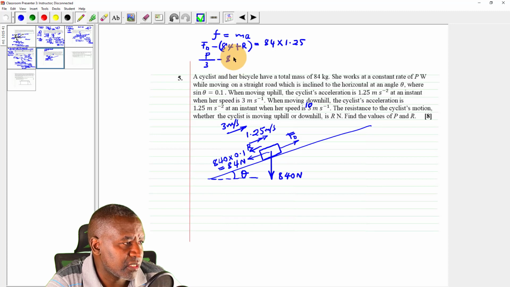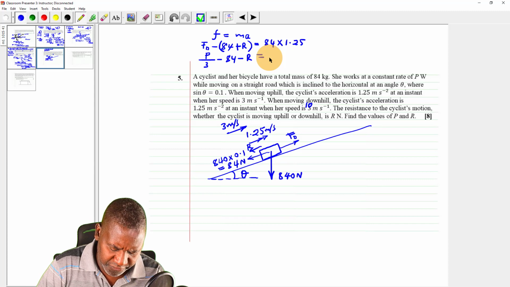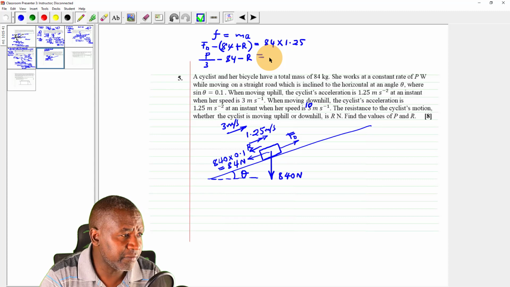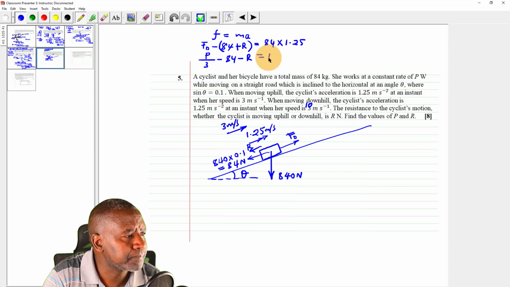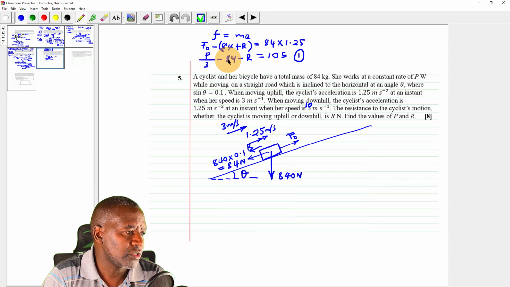So P over 3 minus 84 minus R is equal to 84 times 1.25, which should be 105. And of course this one will be equation 1.